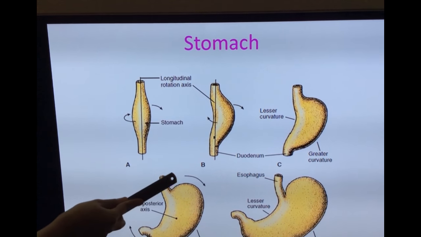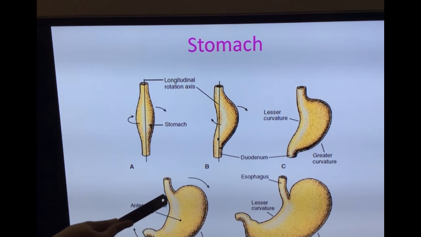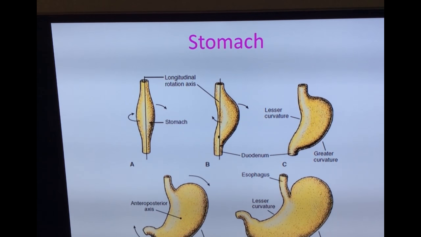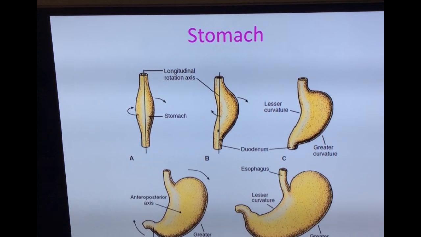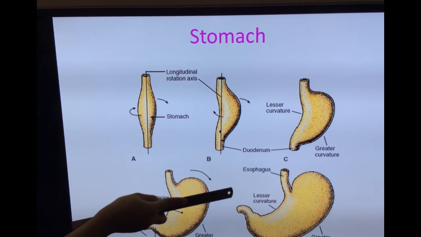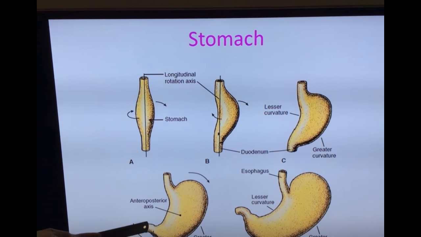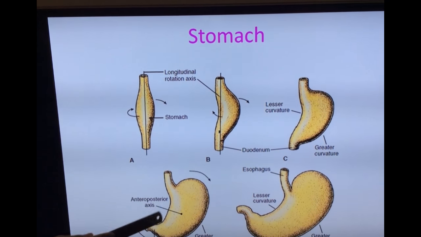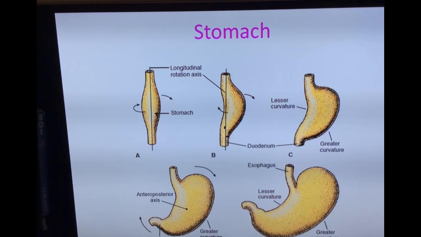The cephalic end moves towards the left side of the body, and this forms the cardiac end of the stomach. So this is how the stomach develops. The cardiac end moves towards the left side, and the caudal end, which is the pyloric end, moves towards the right side. This is how the final position of the stomach is reached.